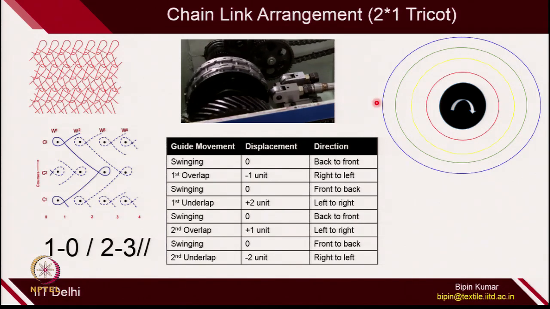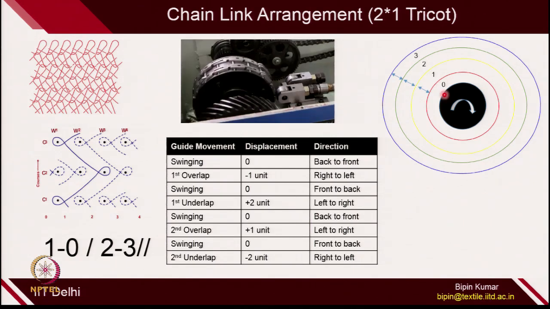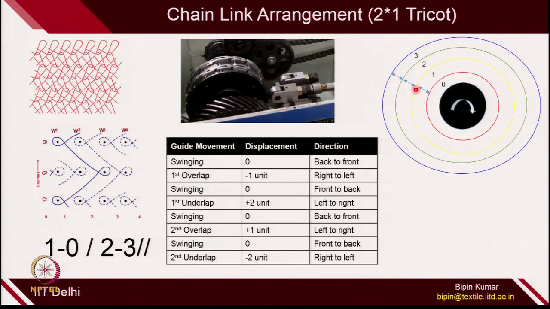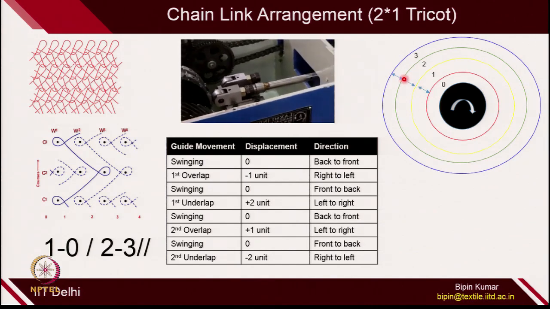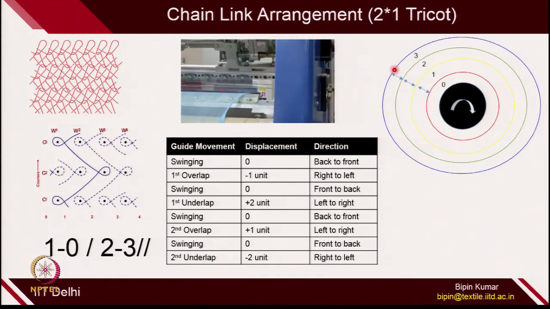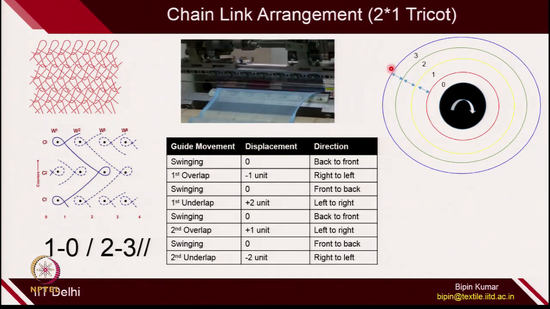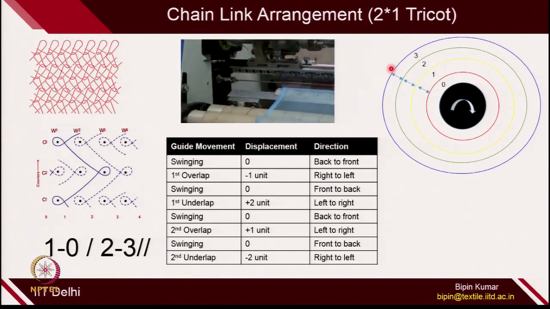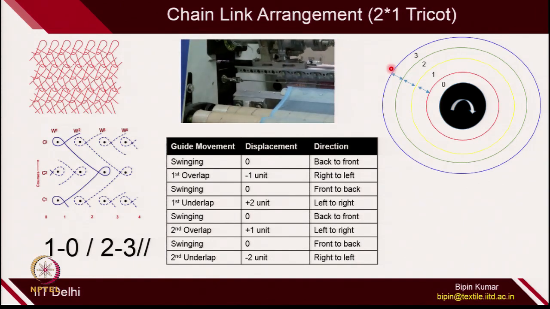If the link size is smaller, then it is a 0 position. If it is bigger than that, then it is a first position. If the link size is even higher, then it is second position and then third position, and the drum is rotating in clockwise fashion.